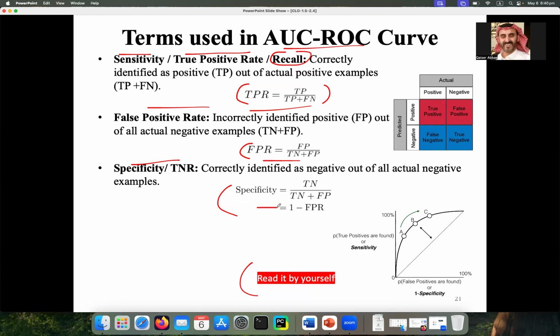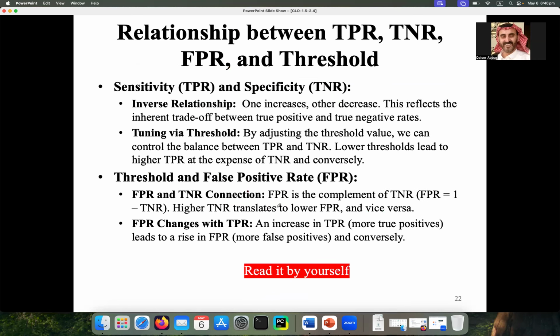Now, moving slowly towards the example of AUC-ROC. On this slide, we have mentioned the relationship between these different terms, TPR, TNR, and threshold. For example, sensitivity and specificity have an inverse relationship. If one is higher, the other will be lower.